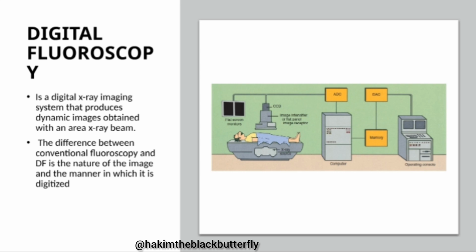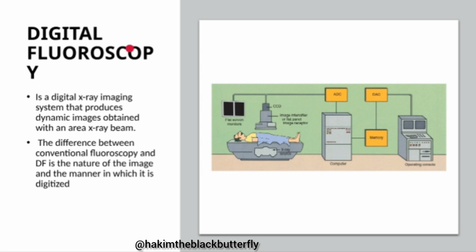Unless we would want to do some storage, we would maybe use the spot films, but still they will not give us digital images, or we could not have that permanent storage, which we can always try to review later on, even when the patient has gone. So basically, that is the main difference.